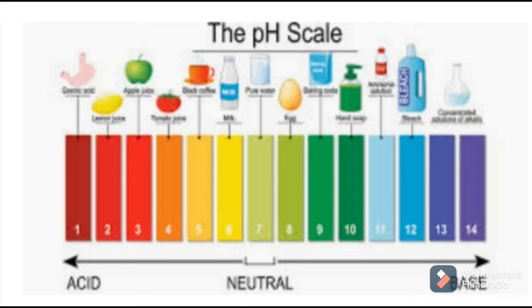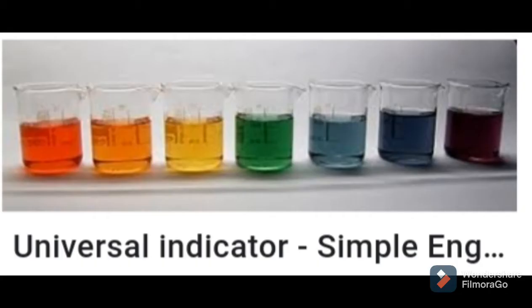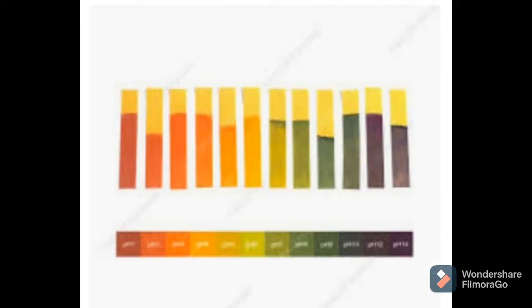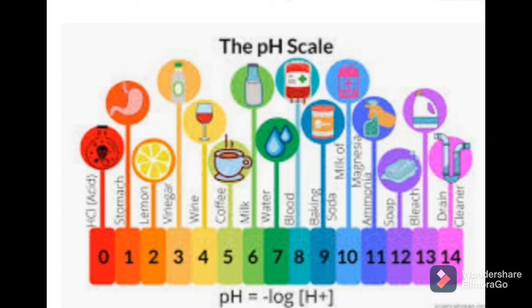So you can see in the picture how this pH scale ranges from 0 to 14, and what color is obtained when we add universal indicator or pH paper into the given solution. You can see in the diagram the different colors and the respective pH of the given solutions.